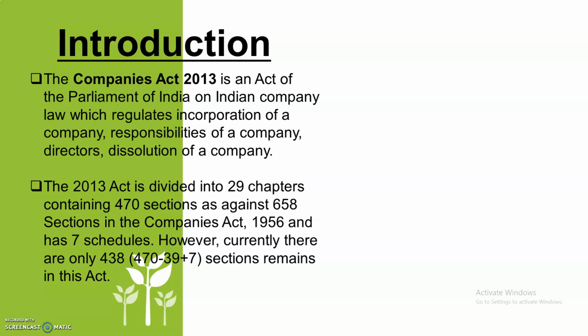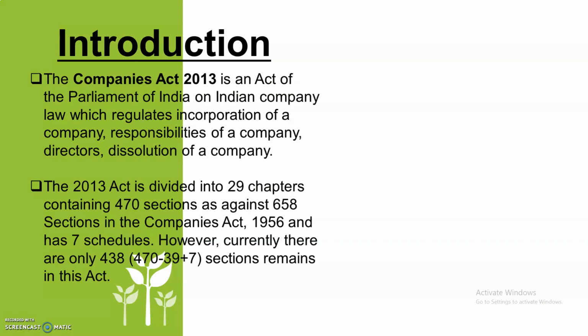Companies Act 2013 is basically an act of a parliament which is applied to all the companies, and it basically regulates, which means it looks after all the activities of a company, the responsibilities of a company, directors, dissolution of a company, and many more.